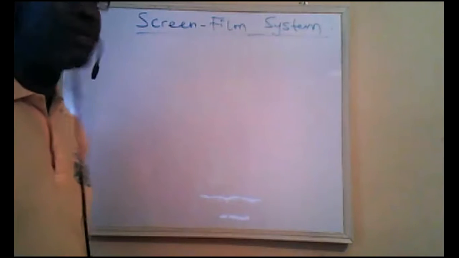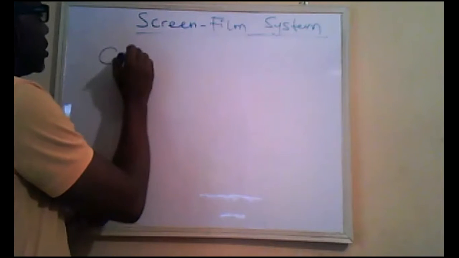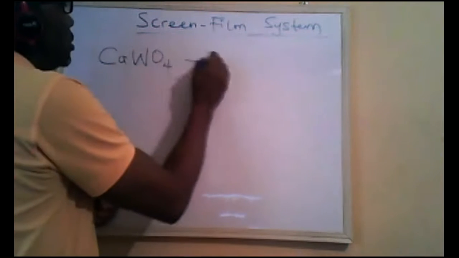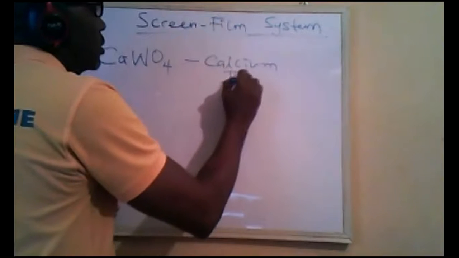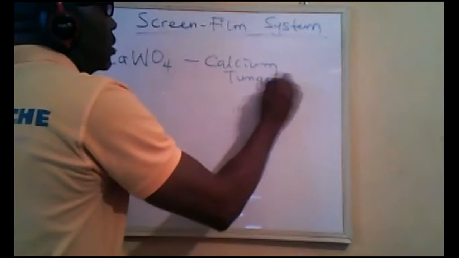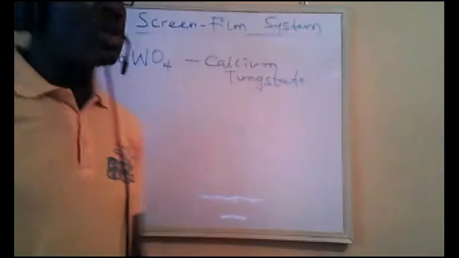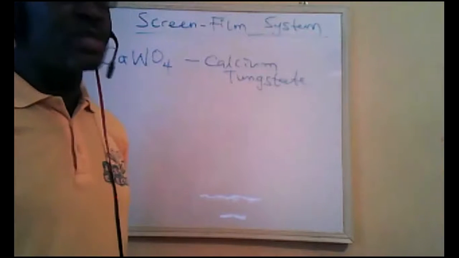So we have a lot of them, from the old calcium tungstate. It was there for a very, very long time until the advent of some of the rare earths and phosphors.